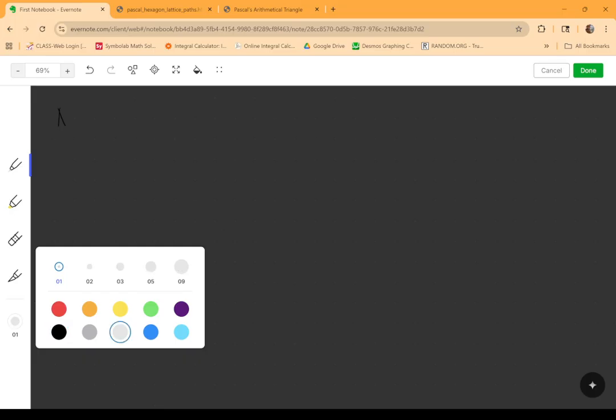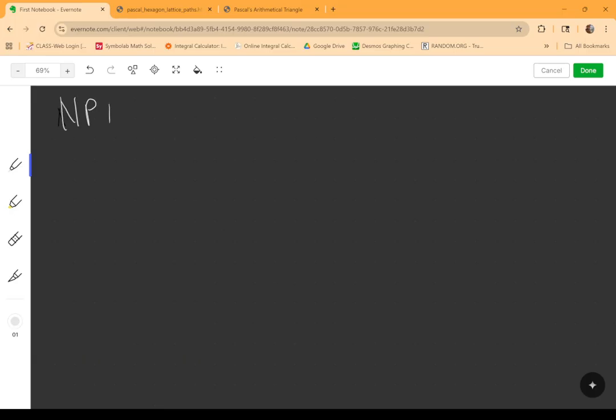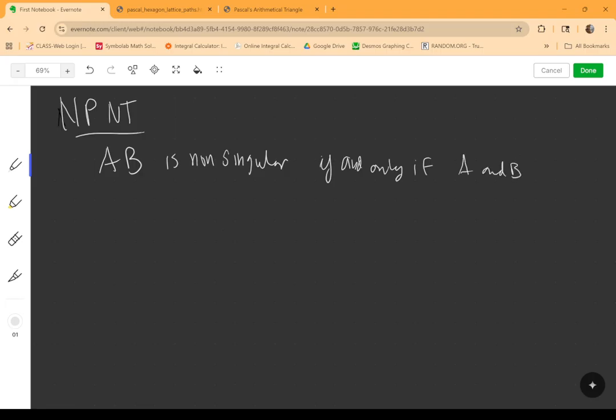We're working with theorem NPNT, and it says AB is non-singular if and only if A and B are both non-singular.